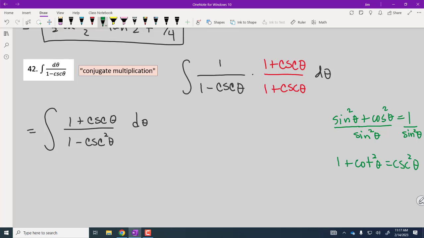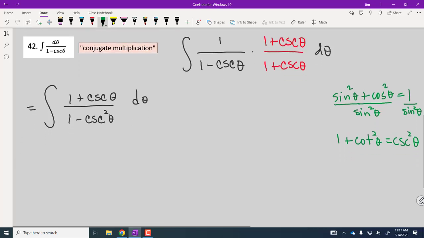Now we just have to massage it a little bit, pull the cosecants to the left, push the cotangents to the right. And what is this going to get replaced with? Negative cotangent squared. So we still have that in the numerator, this is going to be minus cotangent squared of theta d theta. So we've got that. Okay.